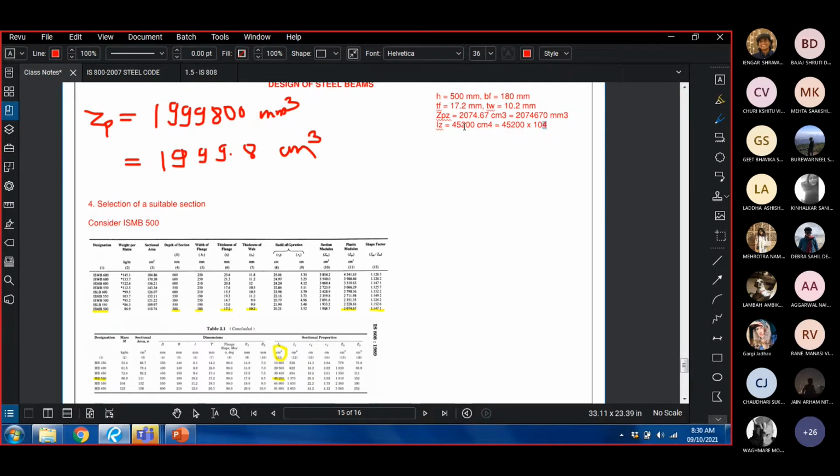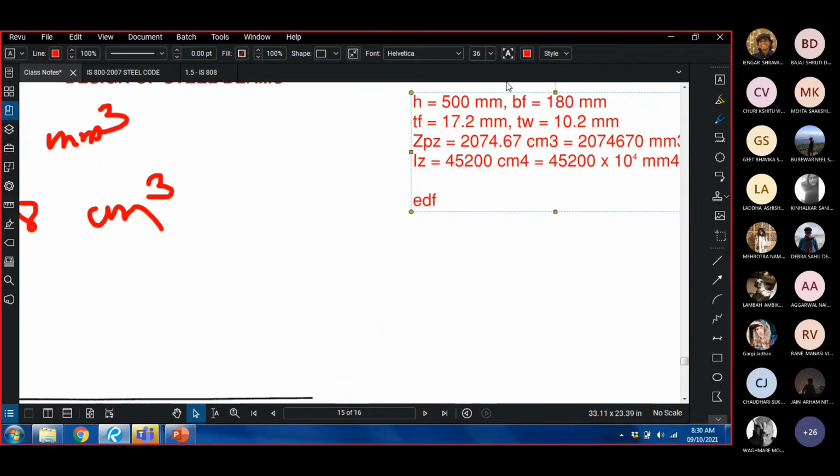You can write it however you like. And this would be mm to the power 4. Okay, this all is in subscript. Please write it that way. So now we have all the basic properties.